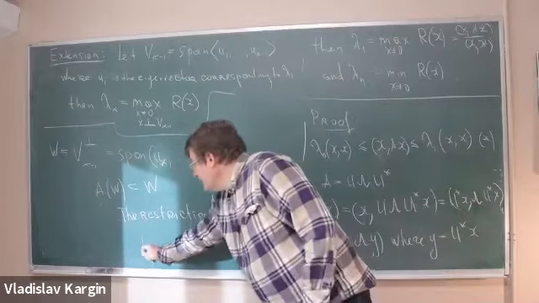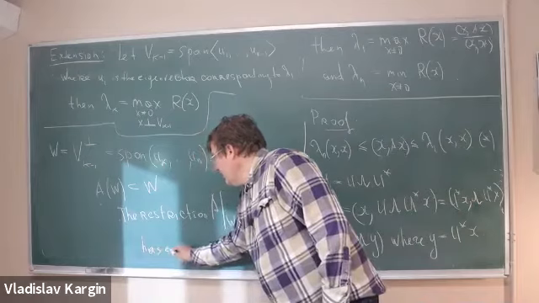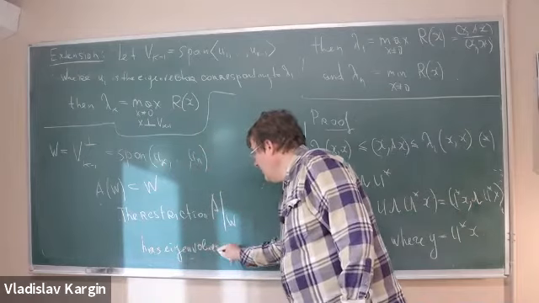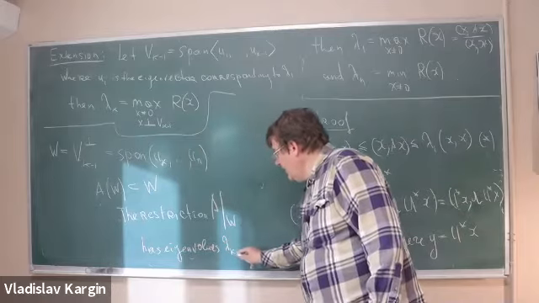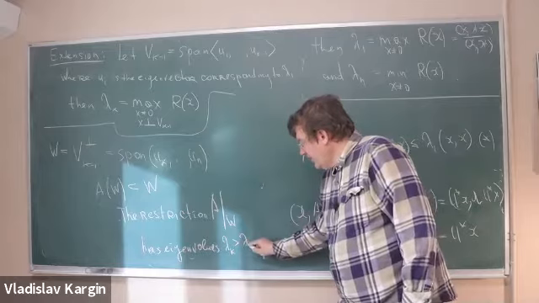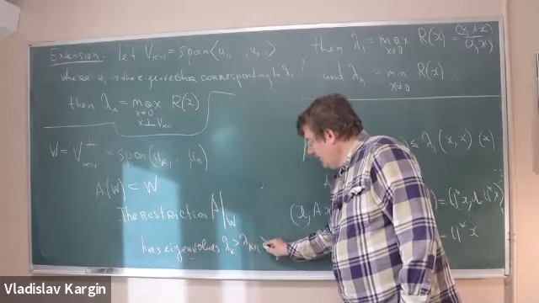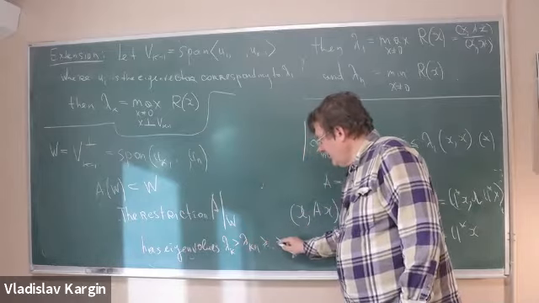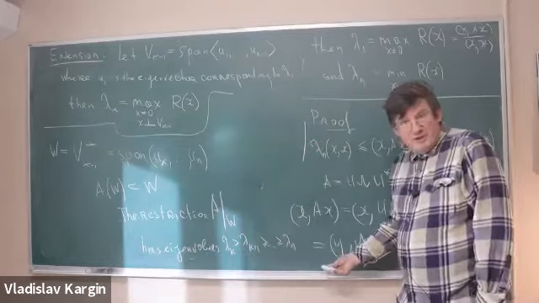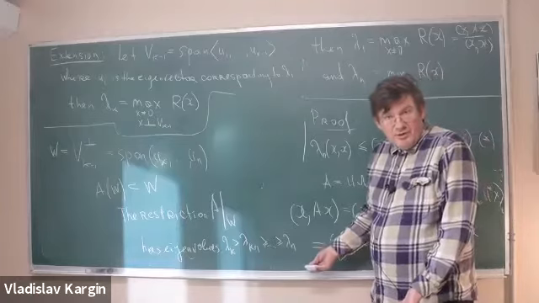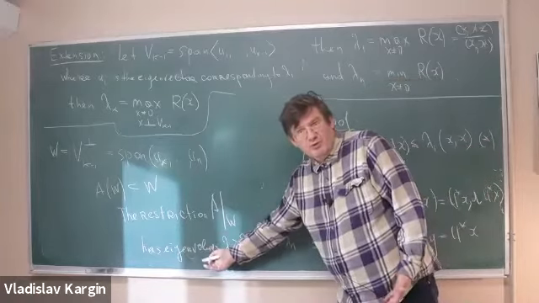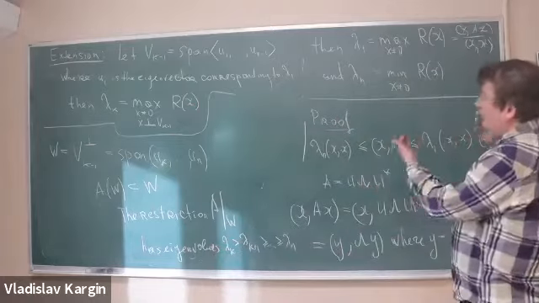So it has eigenvalues lambda k greater than or equal to lambda k plus 1, greater than or equal to, and so on, greater than or equal to lambda n. So it has the same eigenvalues, except that it doesn't have the first k minus 1.